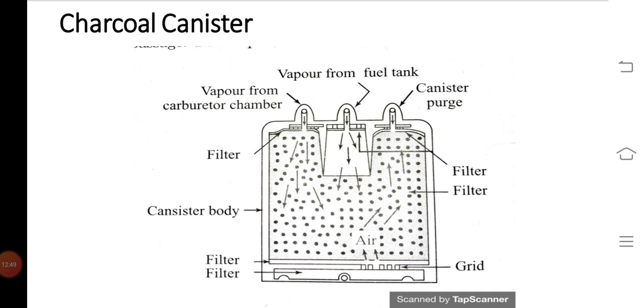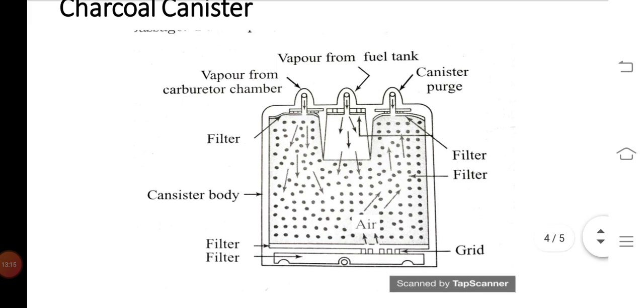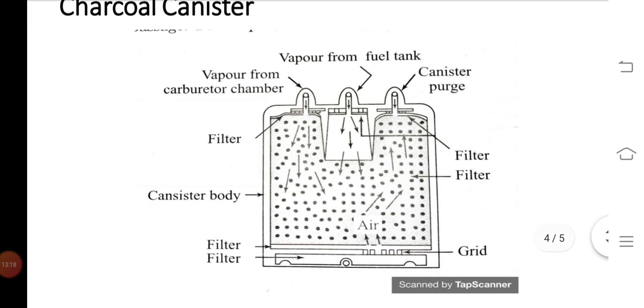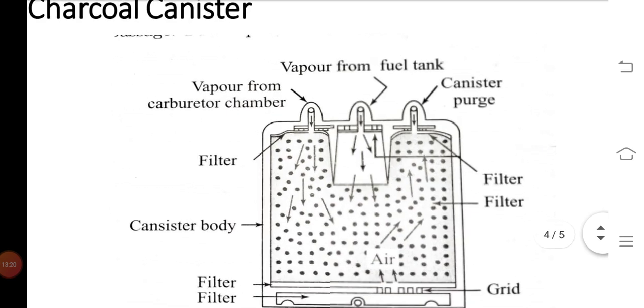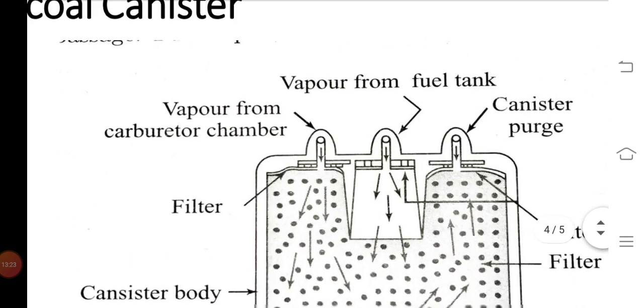Okay, and this type of charcoal canister is used in an evaporative emission control system of a gasoline engine, and fuel vapors from the float chamber of the carburetor enter into that canister through the left end passage.